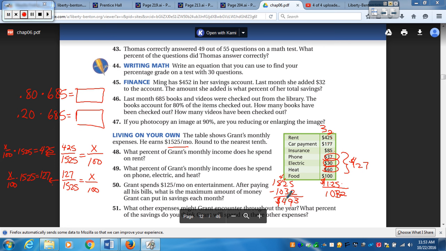I think the textbook's wrong on that one. I think it should be 493 unless I've done some calculations wrong. Double check my work there, guys, but that's how I would do those problems.